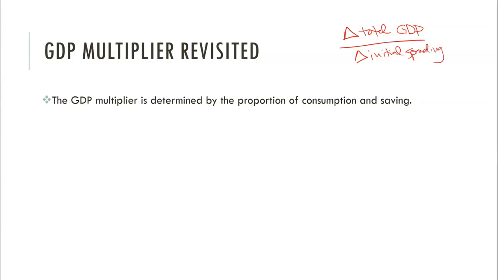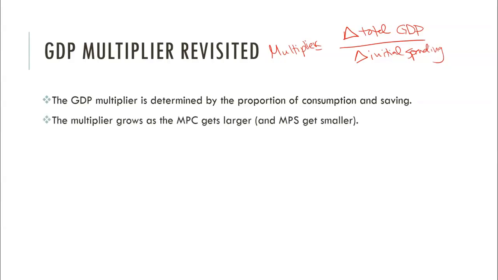And here we can see that the multiplier, or this proportion, is actually determined by what percentage consumers are spending and what percentage they're saving. The multiplier is going to grow as the MPC gets larger and the MPS gets smaller. So the more consumers are spending, the higher that multiplier is going to be, and the smaller consumption is, the smaller that multiplier is going to be.